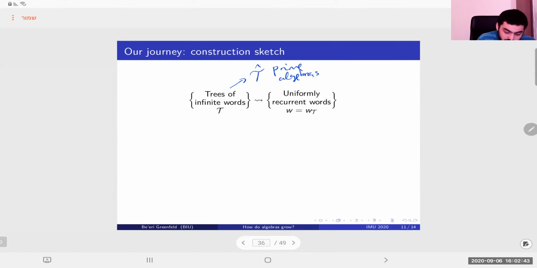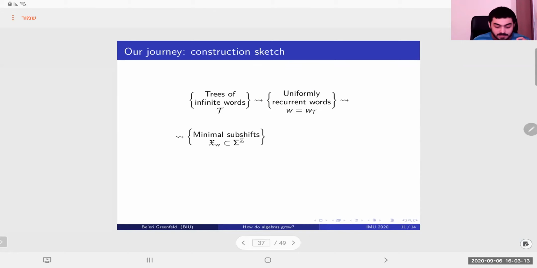And as I said, prime algebras are actually defined by infinite words. Now, the next step you have to do is to make sure that these infinite words are not only recurrent, they're also uniformly recurrent, which means that every factor appears in bounded gaps. And this is a very technical and not easy modification. But after you do this combinatorial modification, you can consider the minimal subshift generated by the infinite word, which is just the closure of the shift orbit of this infinite word.